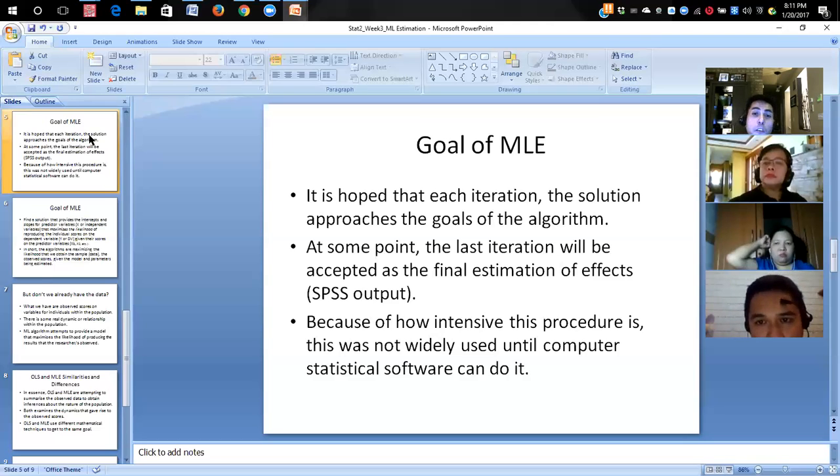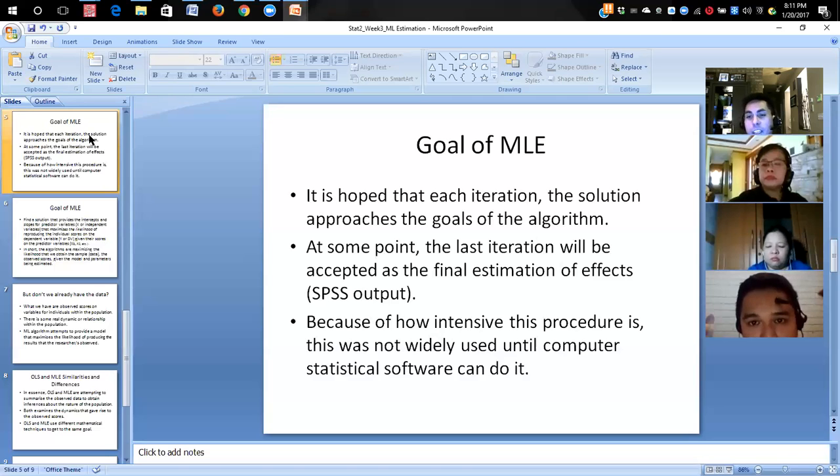ANOVA was so popular in multivariate analysis, or what we call MANOVA, that they created a group of researchers called ANOVA researchers. But when maximum likelihood estimation became programmable in statistical software, it created another set of researchers called the regression researchers.